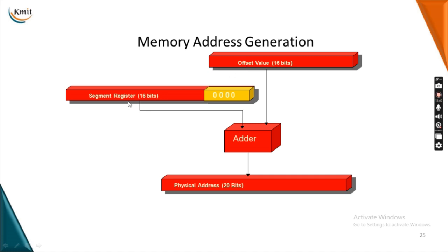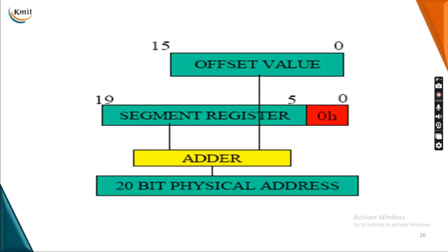If you add the segment address, the starting address of the particular segment, and the offset, we get the physical address, which is 20 bits. And this physical address is the address where the data is stored in the memory. Segment address times 10H plus offset value gives a 20-bit physical address.